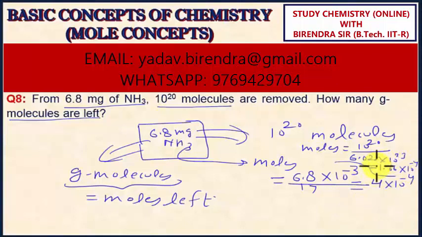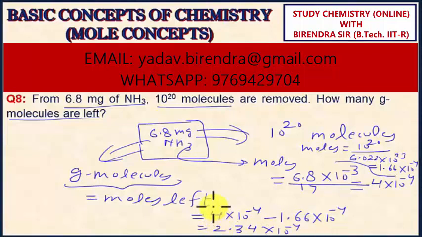These many moles were there, these many moles you have removed. So how many moles are left? Just subtract 4 into 10 raised to minus 4 minus 1.66 into 10 raised to minus 4. Take 10 raised to minus 4 common and you get 2.34. So these many moles are left.